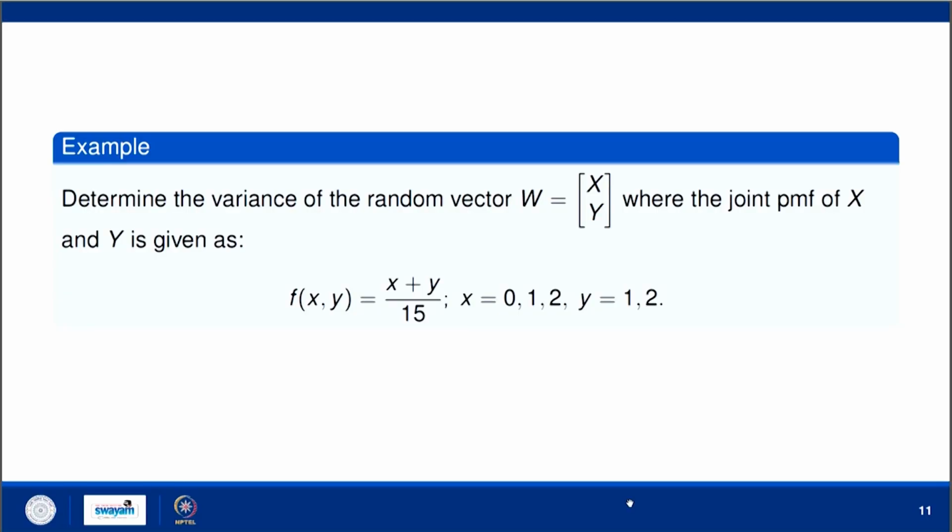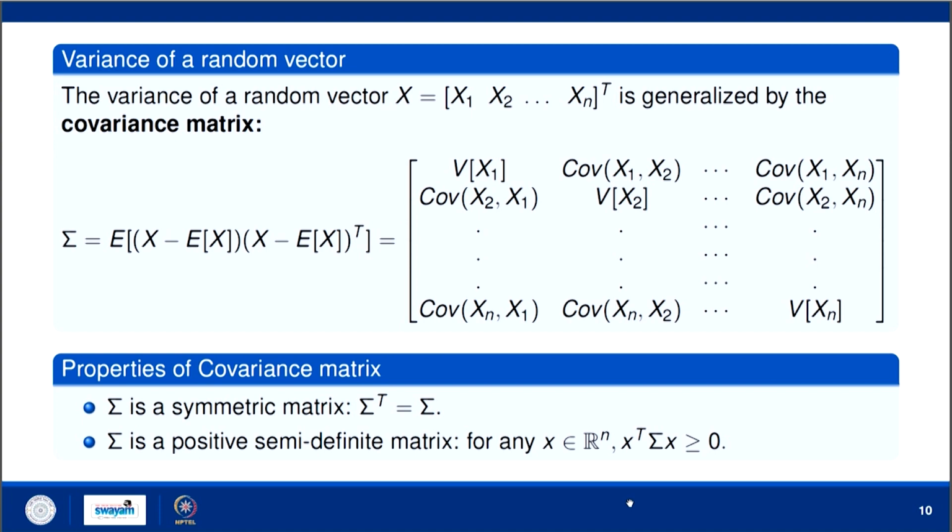That 2 cross 2 matrix will basically be the covariance matrix of the random variables x1 and x2. So, these examples can be solved very easily. If you want to find the covariance matrix of two random variables x and y whose joint PMF is given, that can easily be obtained using this definition.